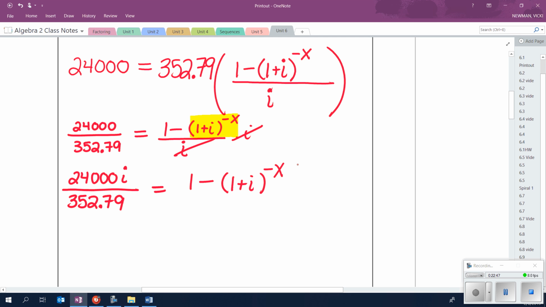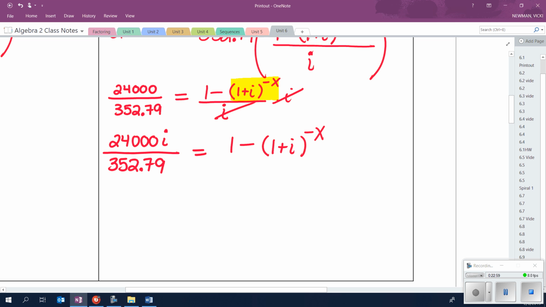Right? You've still got like 3 moves, maybe 4. Is the weird thing alone yet? No. So what should I do next? Subtract 1. This is a positive 1, true? So I've got to move that over to the other side.